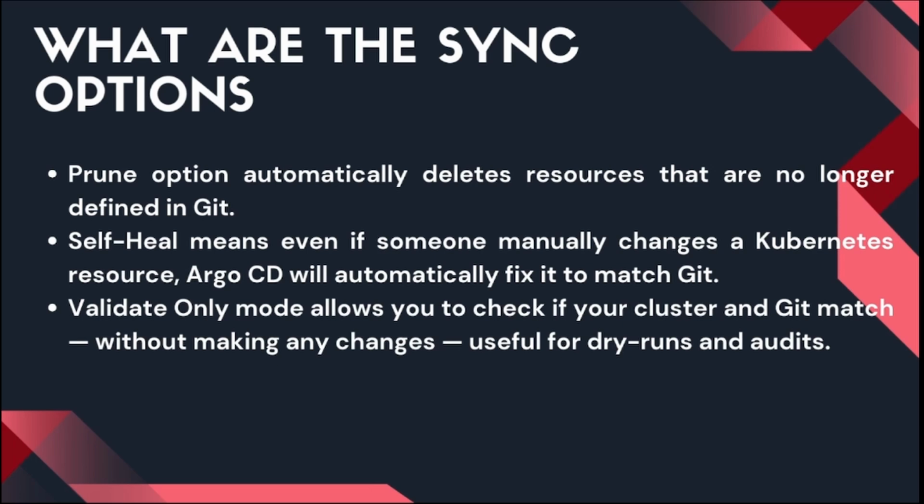Second, self heal means even if someone manually changes Kubernetes resources, Argo CD will automatically fix it and match it with Git. Validate only mode allows you to check if your cluster and Git match. It will just match, it will not make any changes, so it is useful for dry runs and audits.